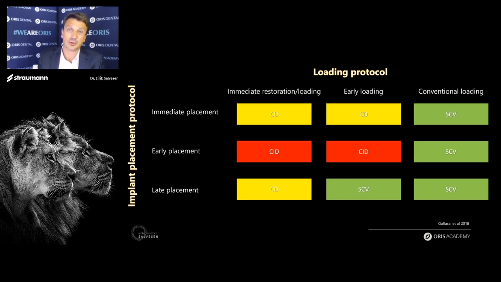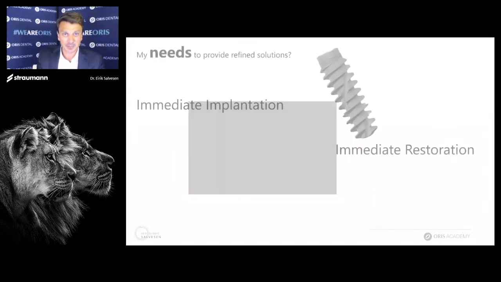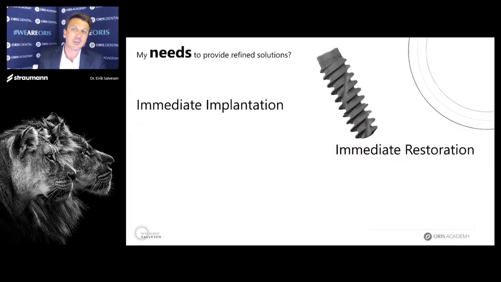So I put up some specific requirements or needs that I have if we're going to perform these refined solutions for our patients, like immediate implantation or immediate restoration. There are some specifics that you need to choose from when you choose your implant system.